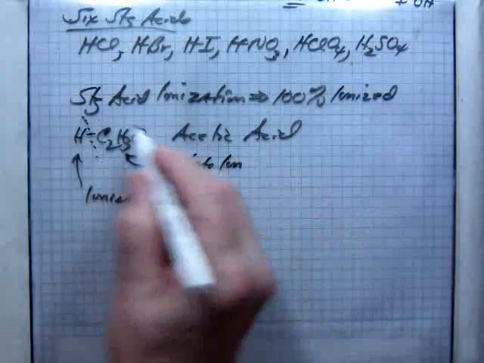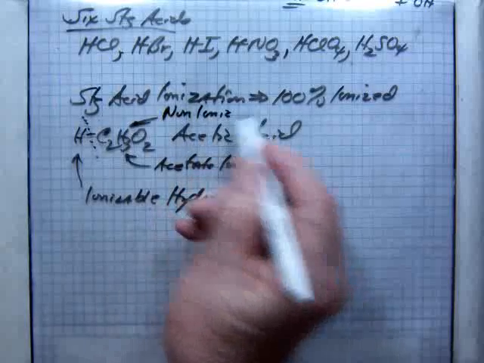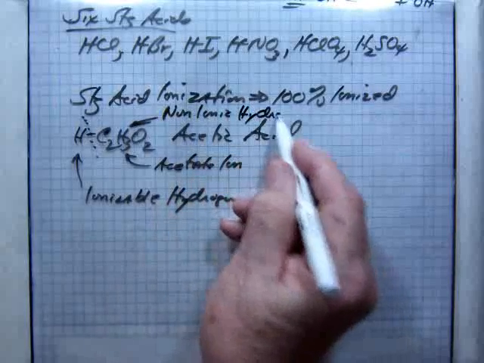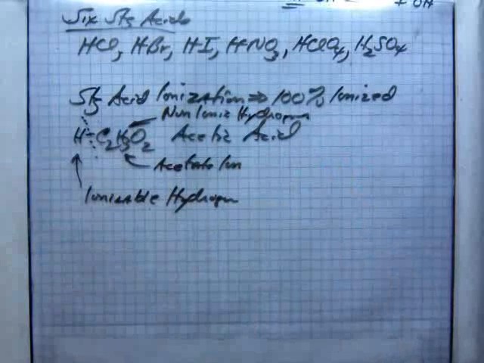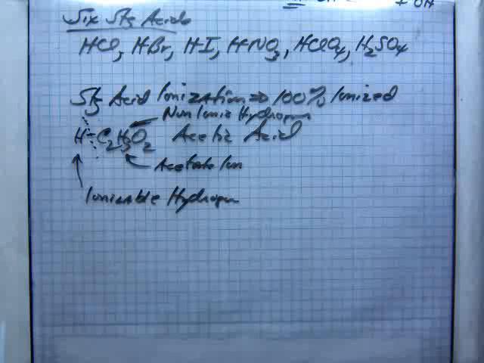And these are non-ionic hydrogens. Because they're bound into the structure so tightly, they resist ionization. Typically, ionizable hydrogens are attached to oxygen or a halogen.